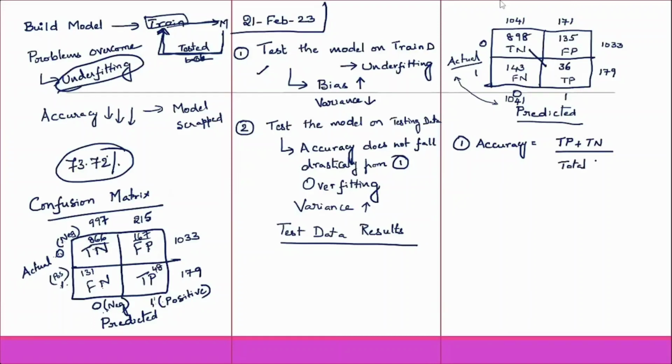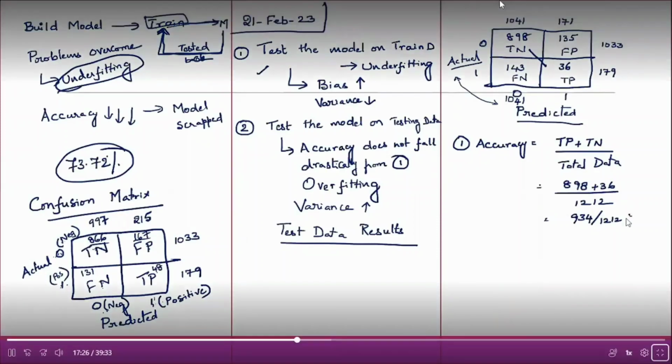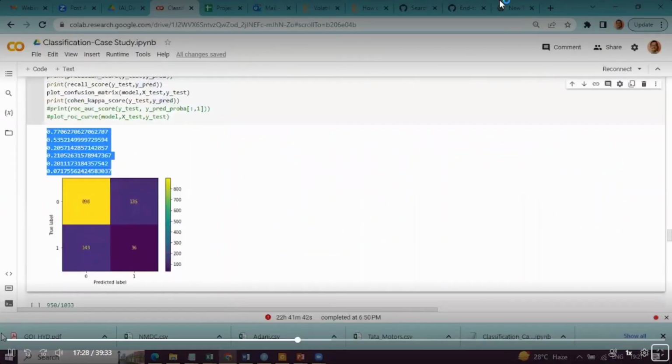So how many are correctly predicted? In this case, it is 898 plus 36 divided by 1212. So 1212 is the total data. So you can very well say it is 934 divided by 1212, which should give you 0.77.